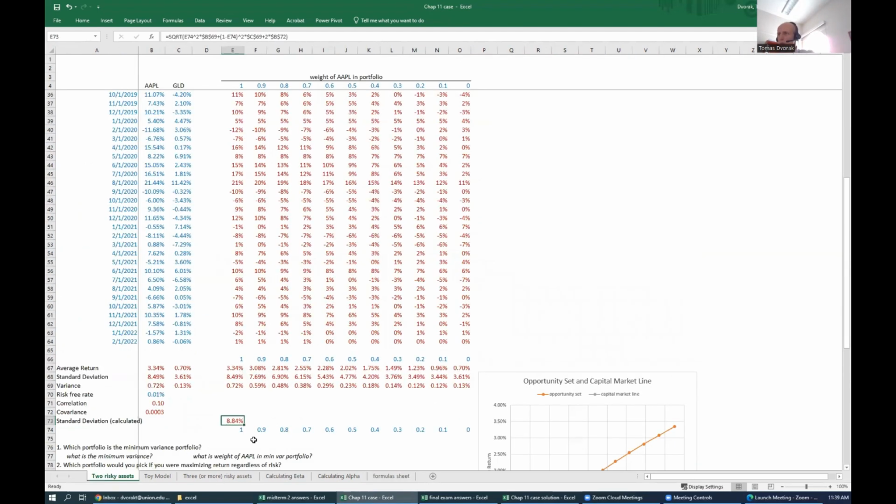So I'm gonna put that in there. So I'm gonna do this, and this has to be plus, and we'll do weight on apple times 1 minus weight on apple times the covariance. Okay, so we get the same number.